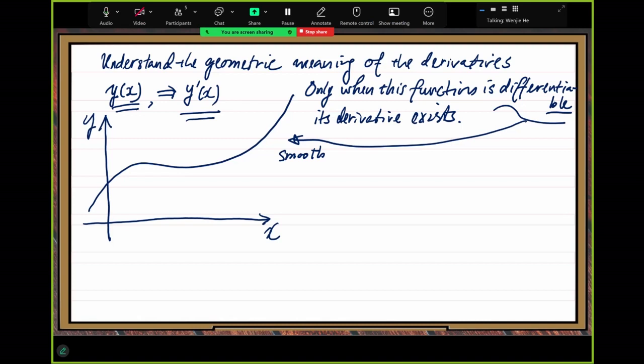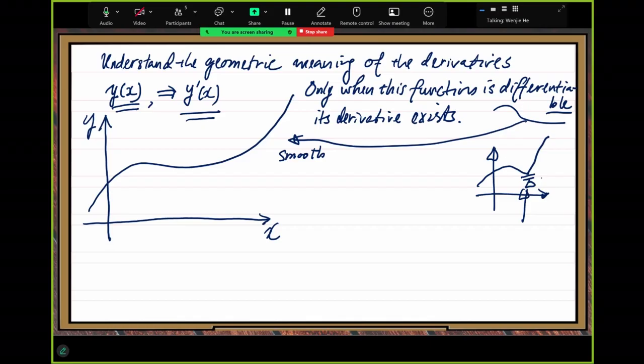But here I draw another special example. If a curve is not smooth, for example, at this point, it's not smooth. It changes sharply. And it means its derivative does not exist here.